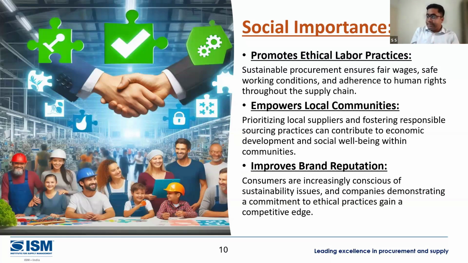Let's say a company which ensures minimum wages, sustainable wages, which adheres to the labor laws throughout the entire manufacturing supply chain. They put regular audits in place to verify whether they are in compliance or not. That is how they promote ethical labor practice.